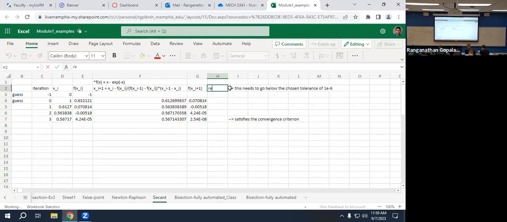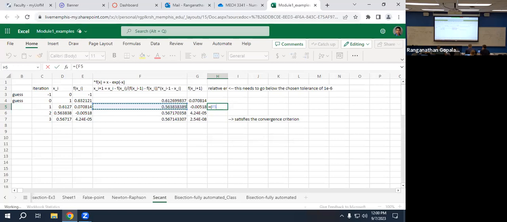So if I say relative error, I'm going to define relative error as the value in the next iteration minus the value in the current iteration divided by the value in the current iteration, expressed as a percentage. Right now, I'll do it from the second iteration.